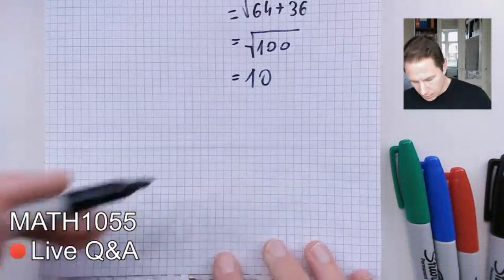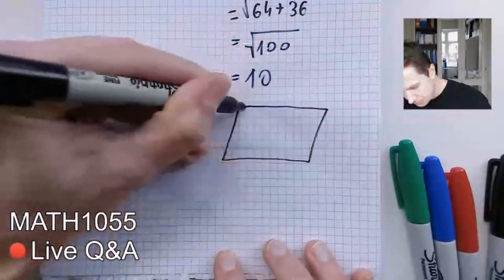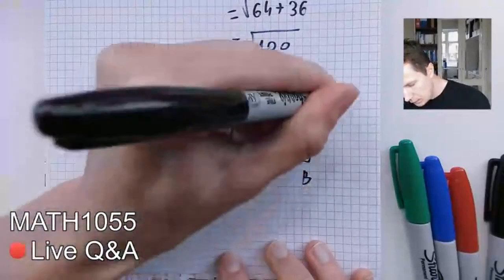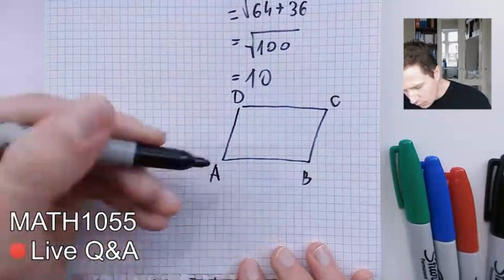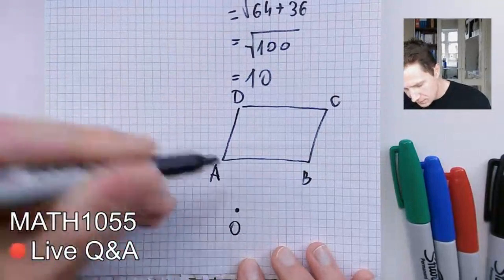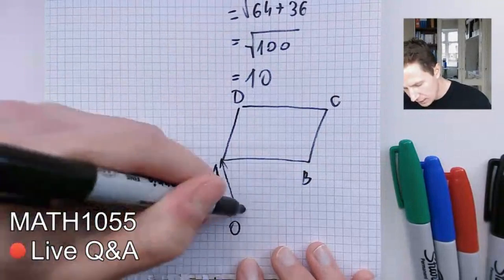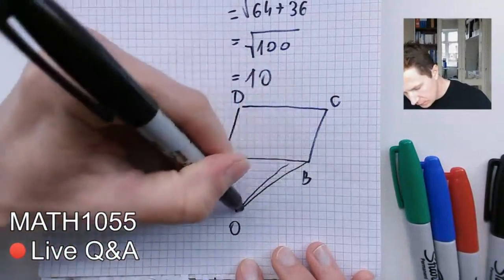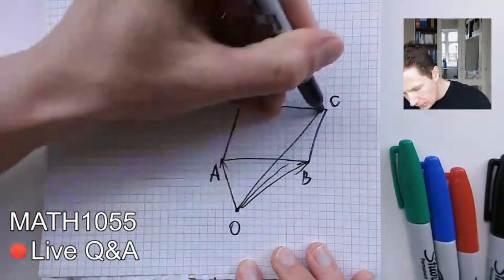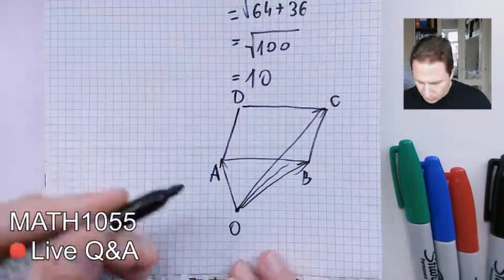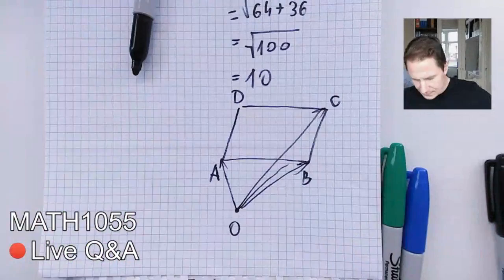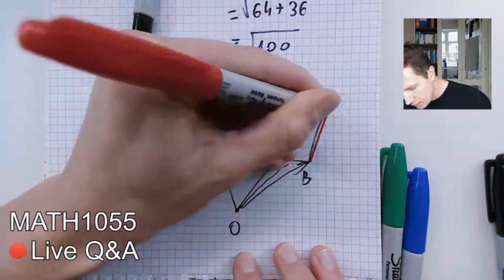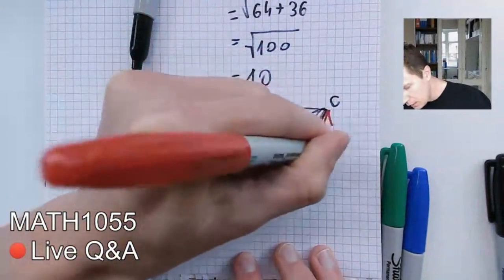So here is our parallelogram A, B, C, and D, and you have some sort of origin fixed in the coordinate system, and you were given these three vectors. So you could calculate this vector right here.